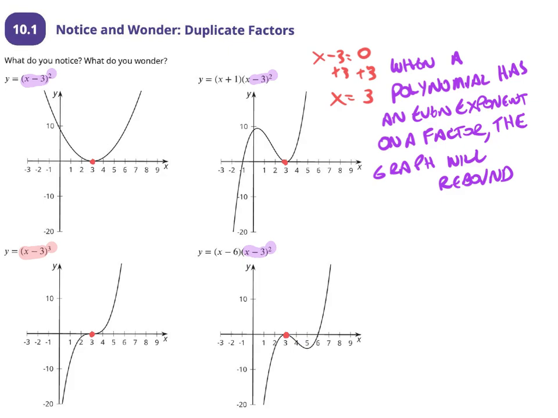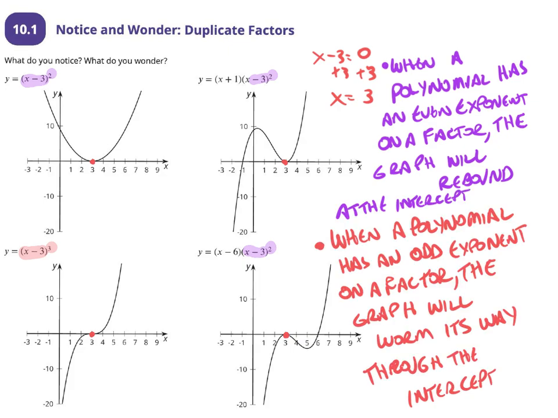So that's what you see in graphs 1, 2, and 4 at the intercept. Now, looking at graph 3, when a polynomial has an odd exponent on a factor, the graph will worm its way through the intercept. And so now we can go ahead and sketch graphs of the following functions on the next slides.